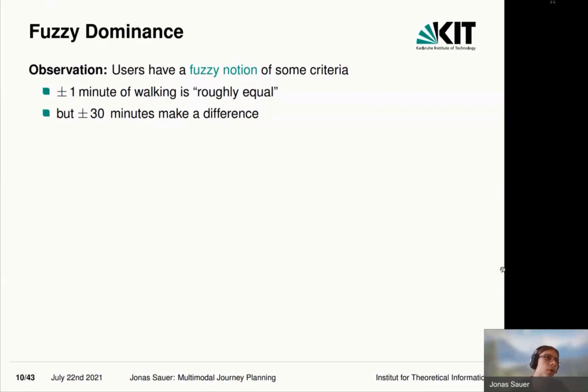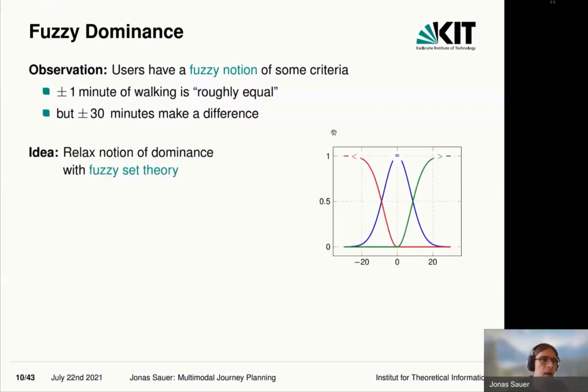But if the walking difference is 30 minutes, then of course that might be significant. So the idea is that users are sensitive to large differences in criteria, but not so sensitive to small differences. And what we do is we relax our notion of Pareto dominance by adapting concepts from fuzzy set theory.